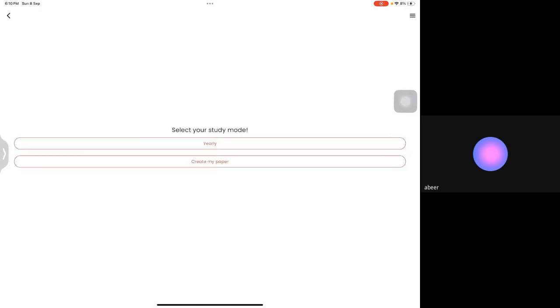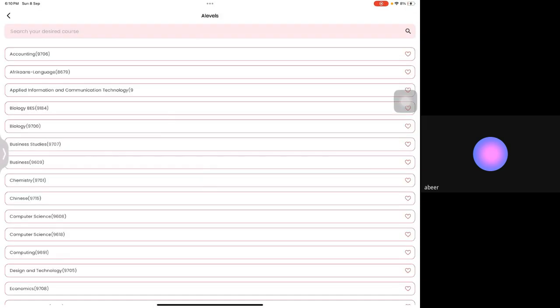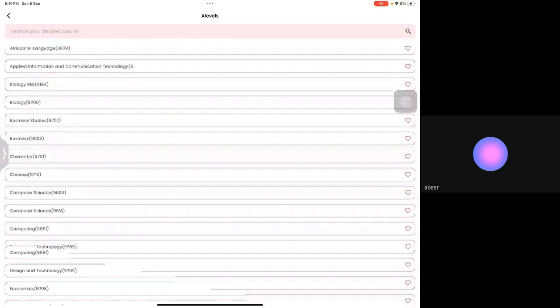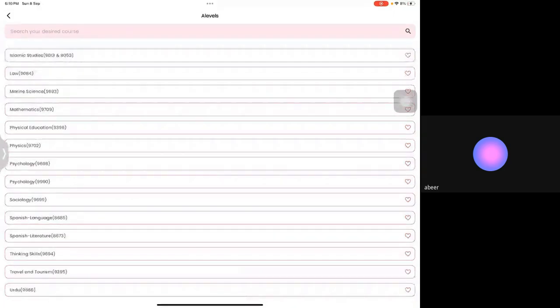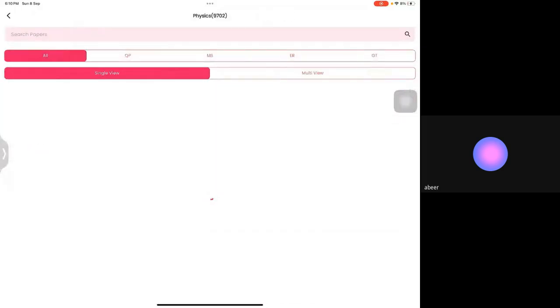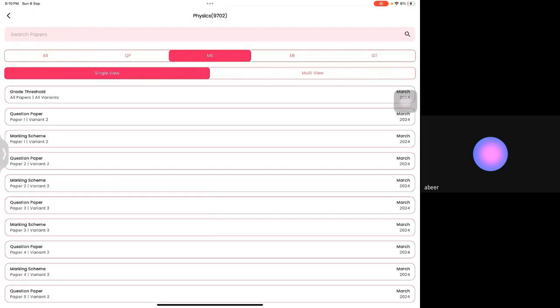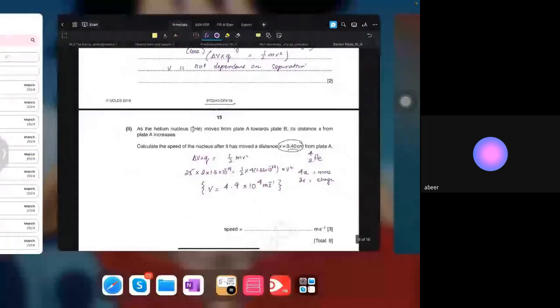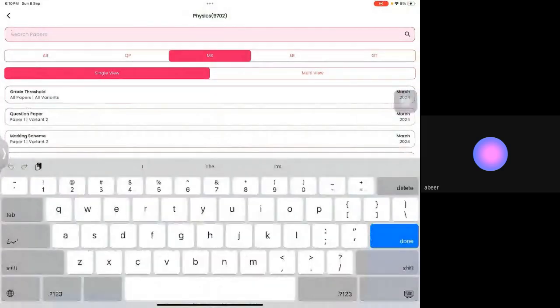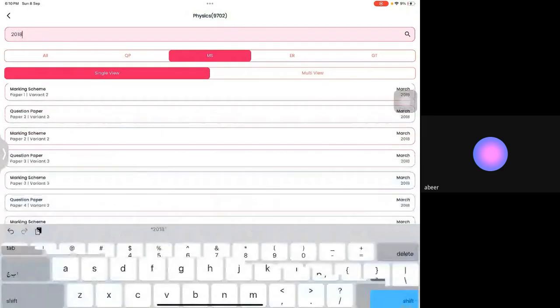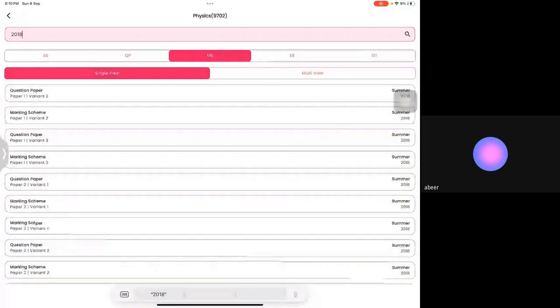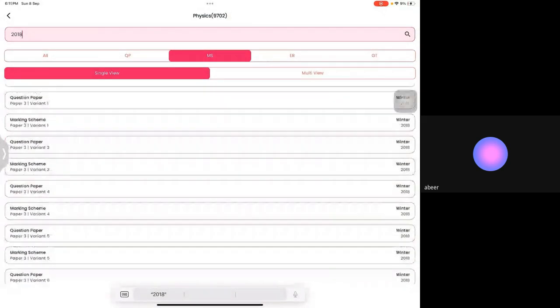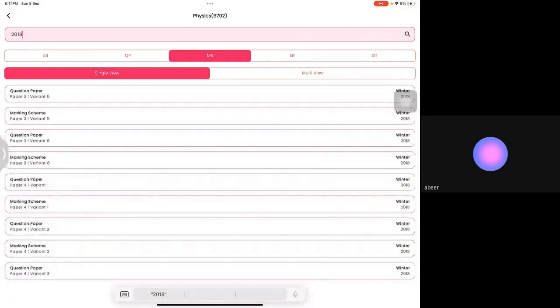They changed the app actually to this. Winter 4-1, 2018. Winter 4-1. Okay.